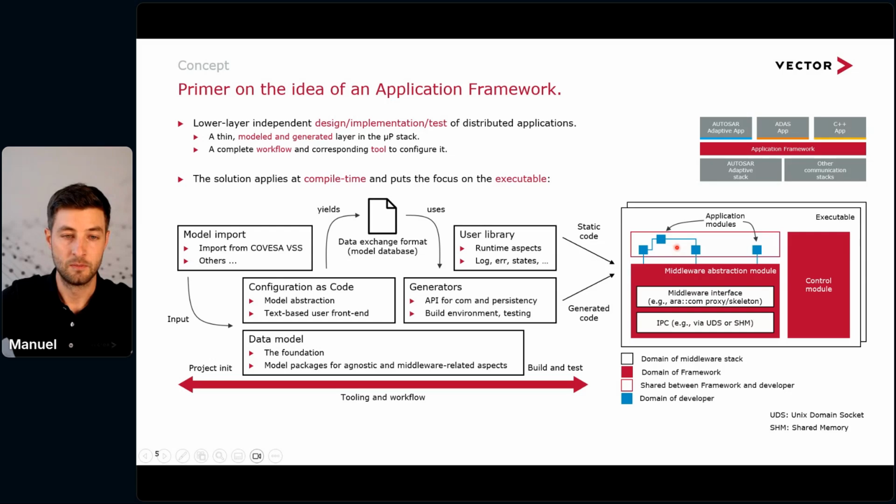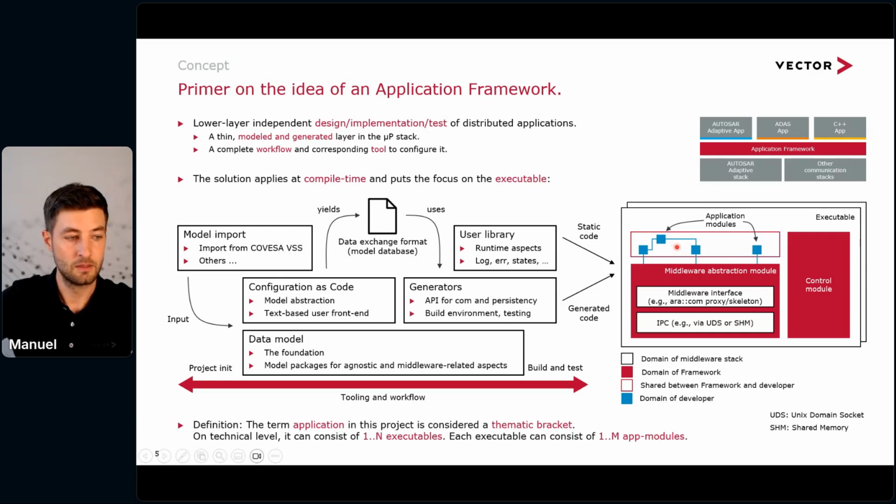And with that said, I can now also give a clear definition of what an application actually means here in this context, because it's a widely used term and often a clear definition is missing. And the meaning we have here in this project for application is nothing but a thematic bracket.